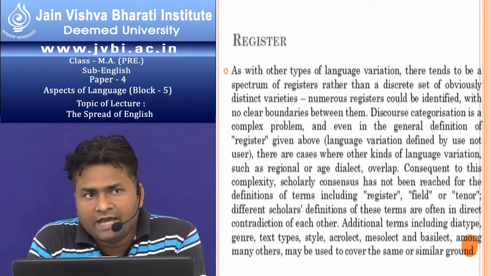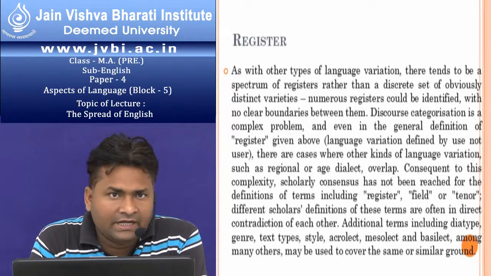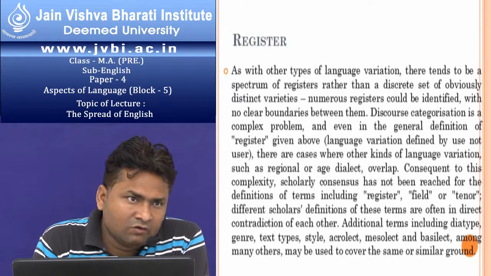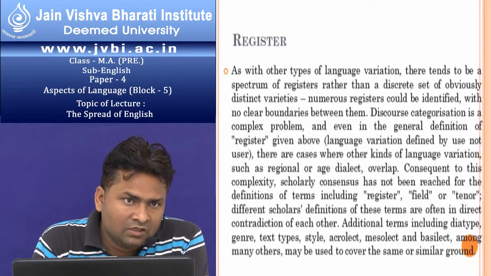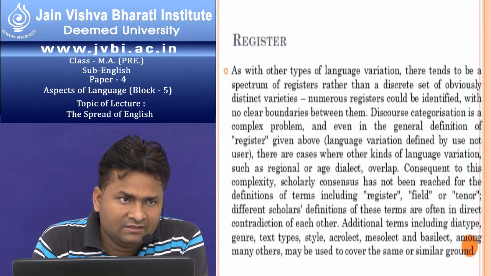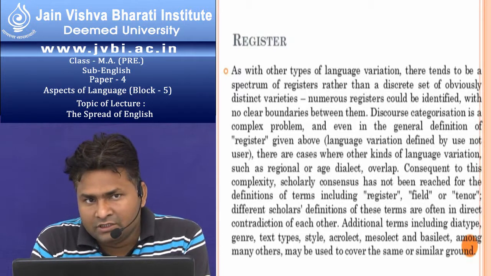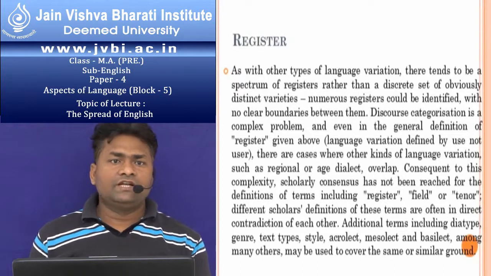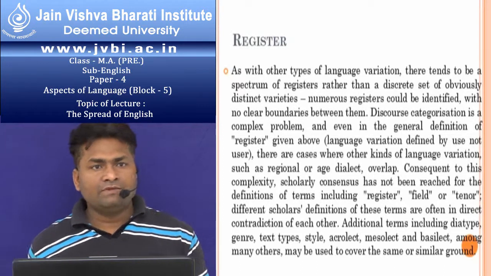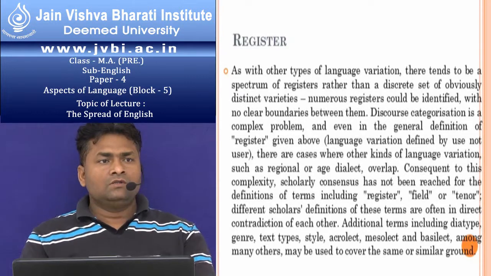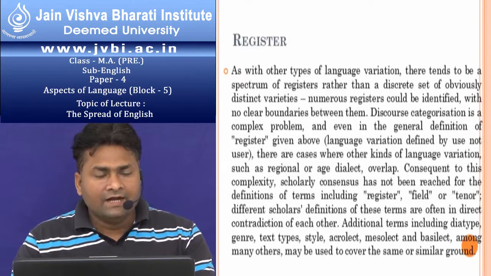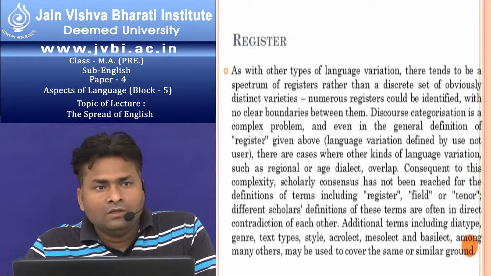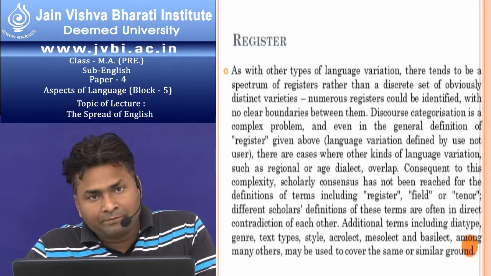As with other types of language variation, there tends to be a spectrum of registers rather than a discrete set of obviously distinct varieties. Numerous registers could be identified with no clear boundaries between them. Discourse categorization is a complex problem, and even the general definition of register given above, language variation defined by use, not user, has cases where other kinds of language variation, such as regional or age dialect, overlap.